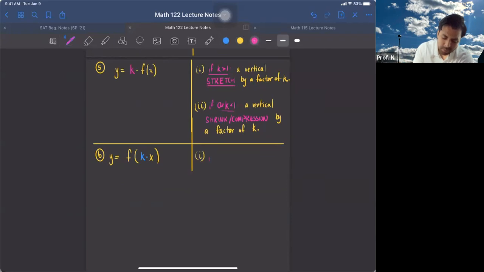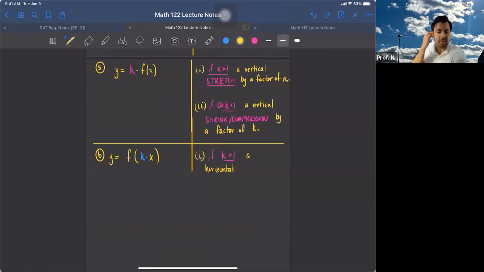If my k value is bigger than 1, if the numbers inside here are bigger than 1, then we're going to have a horizontal compression.